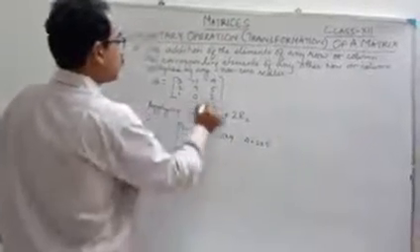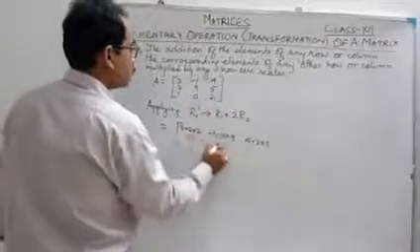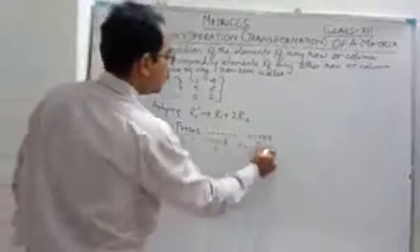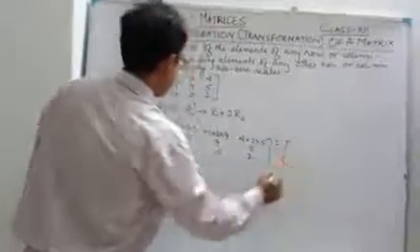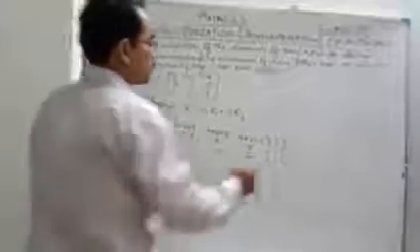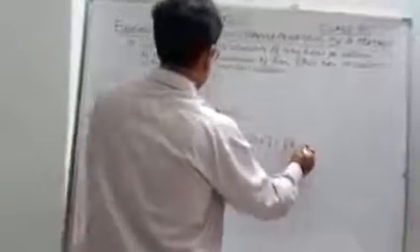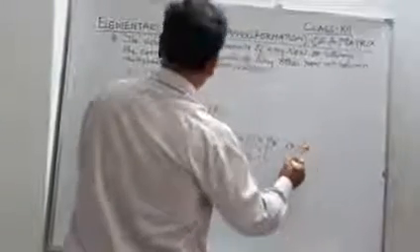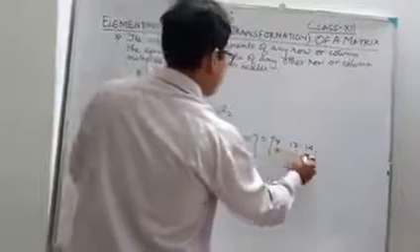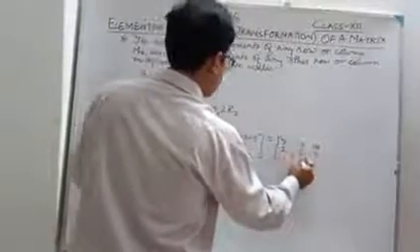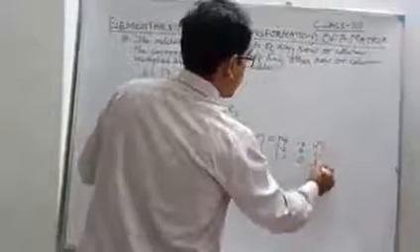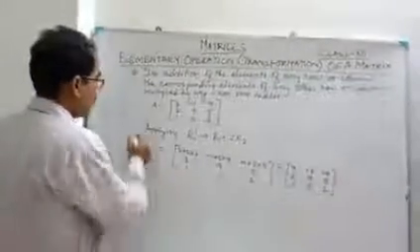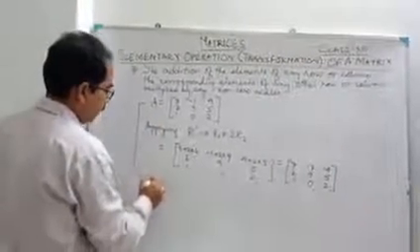Row 2 and row 3 will be unchanged: here 2, 9, 5, here 1, 0, 2. So ultimately you are getting 2 twos are 4 plus 3 is 7 here, here 18 minus 1 means 17, and here 10 plus 4 means 14, and here 2, 9, 5, 1, 0, 2. Correct?